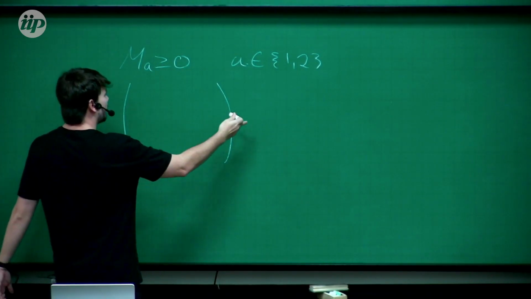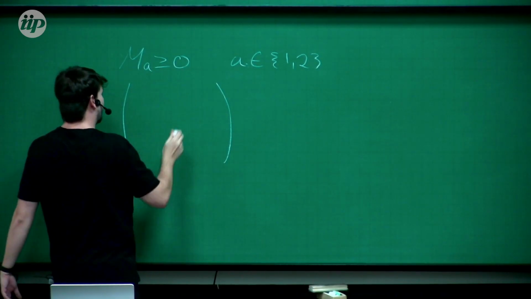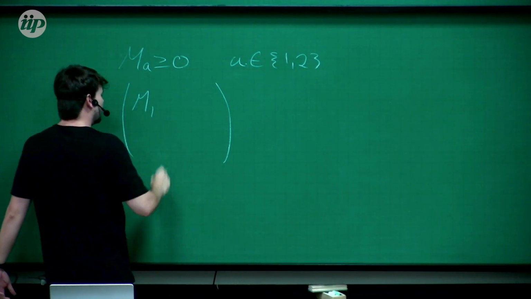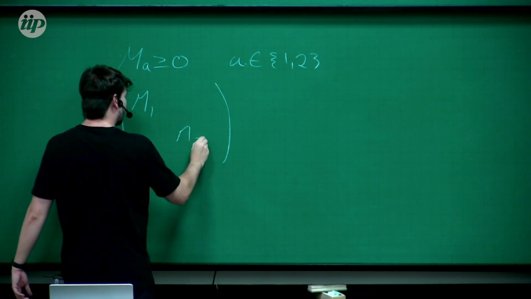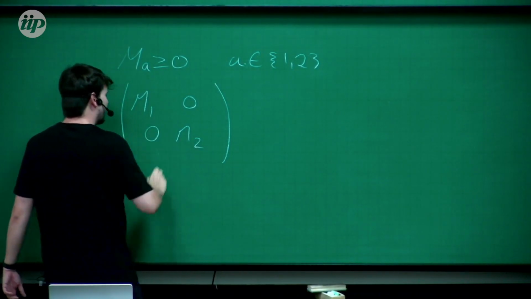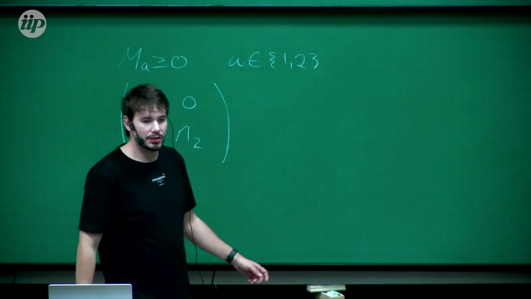So instead of optimizing over M_a, I can just do a direct sum, and consider X of this form.